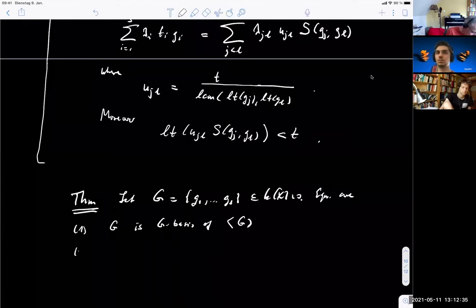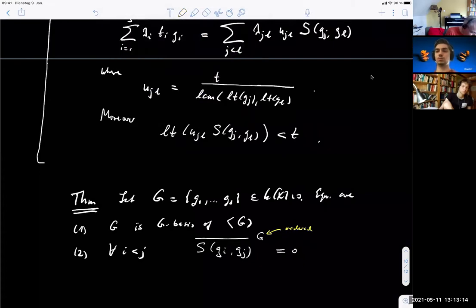And 2, now comes the useful criterion. For all pairs, for all i less than j, if I form the S polynomial of the generators, which I can do, it's a computation, and then I make division with remainder, I divide by G, in the order I have written the Gs, I'm not too pedantic, the remainder is 0.